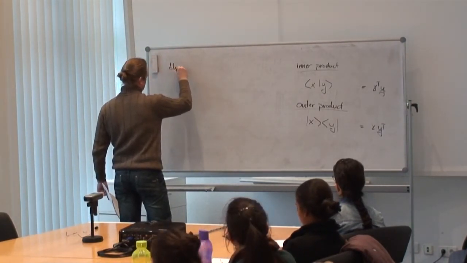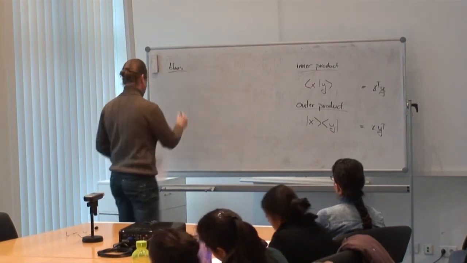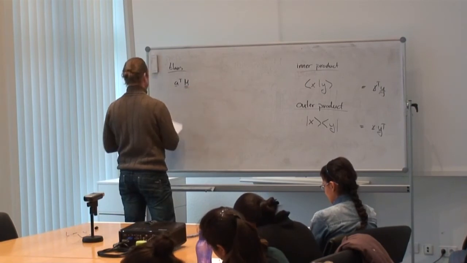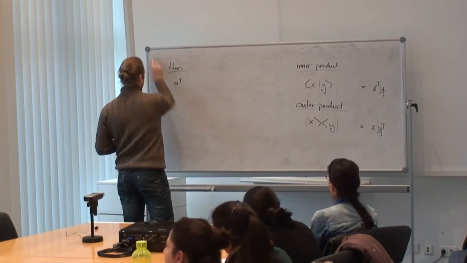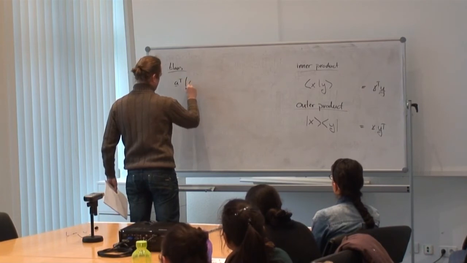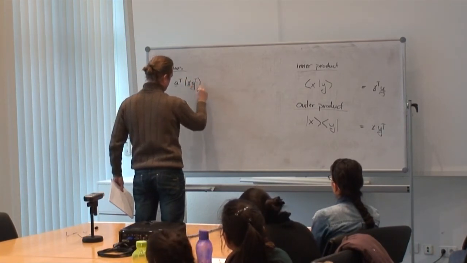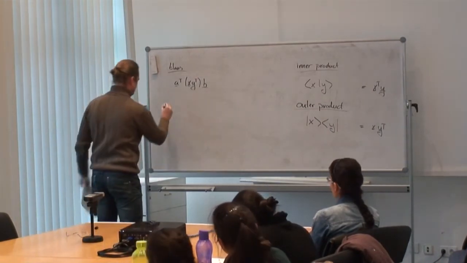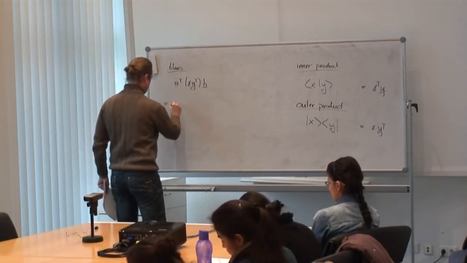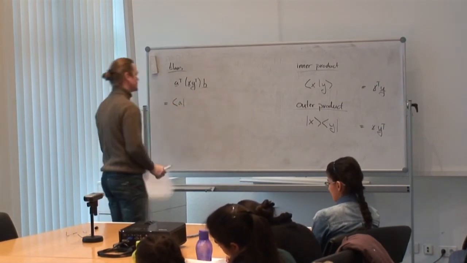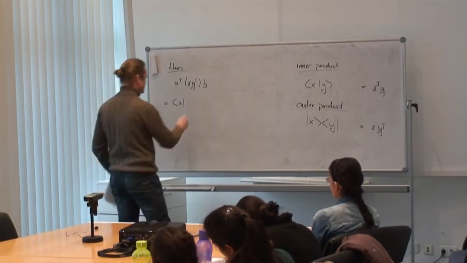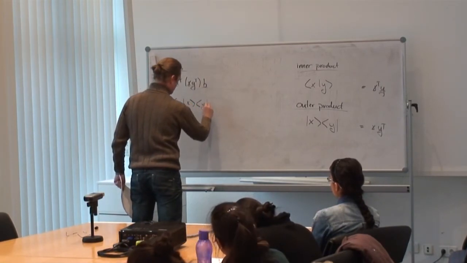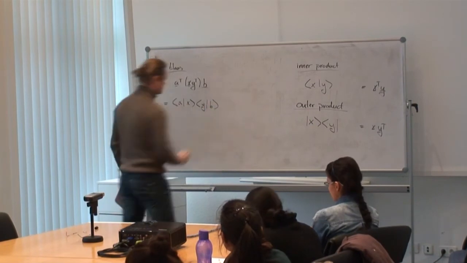So therefore, we have that this product between a vector and matrix x, y transpose times b, which we studied earlier, can now be written as the bra a times the ket x times the bra y times the ket b.